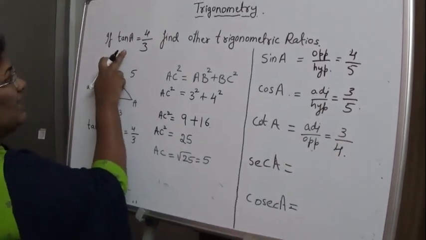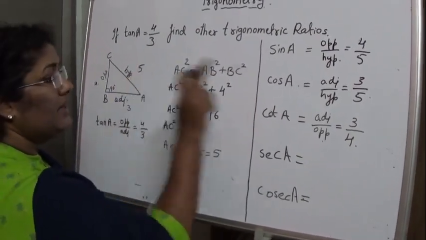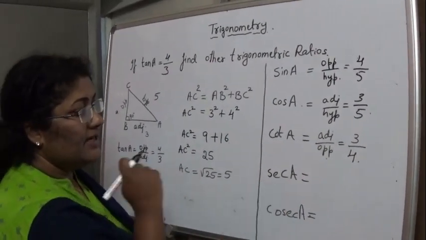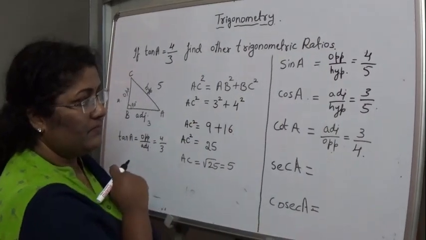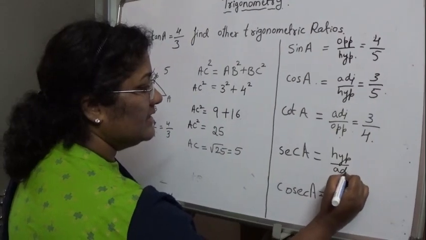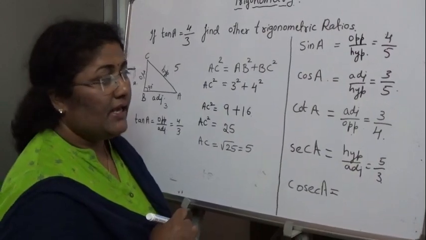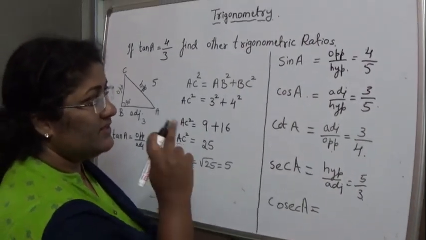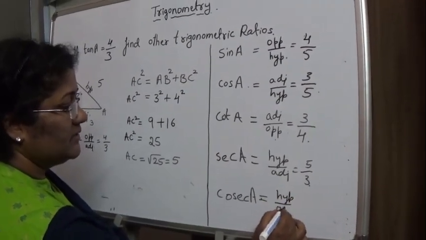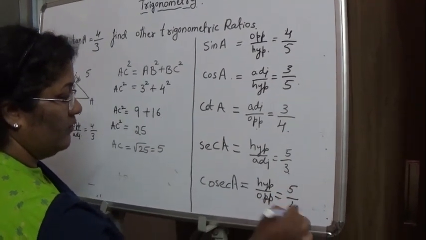See here, tan value is 4 by 3, then cot is the reciprocal of tan, therefore 3 by 4. And sec A is the reciprocal of cos A, means hypotenuse by adjacent side, that is 5 by 3. And the last one, cosec A, is the reciprocal of sin A, that is hypotenuse by opposite, that is 5 by 4.